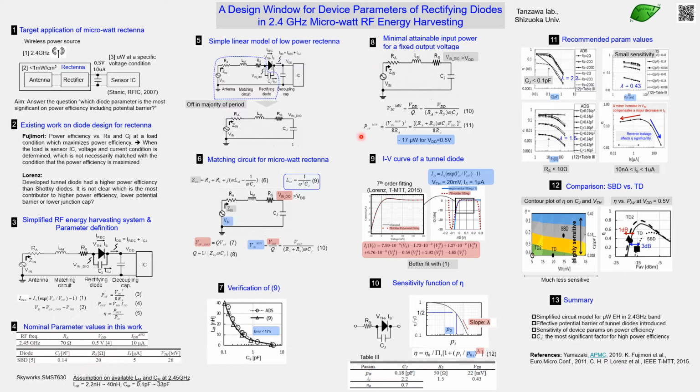And then we can estimate the minimum available input power to make this diode start turning on. Because we already have equation 10, and based on the definition of PAV, equation 3, the PAV minimum is estimated by equation 11.